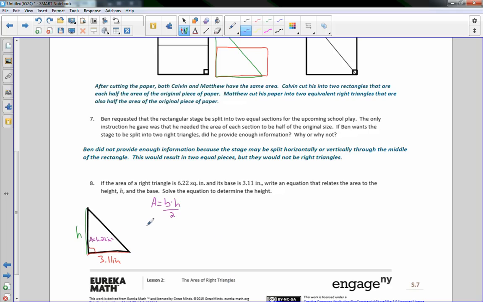Your area is 6.22 inches squared. That equals the base 3.11 inches times the height divided by 2. So the only thing we don't know is this height right here.